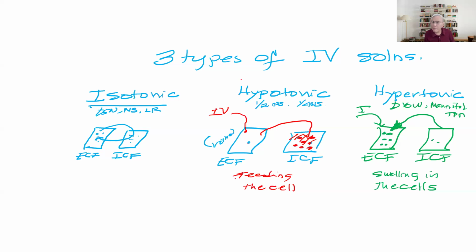Now, in patients with diabetic ketoacidosis, notice that we have cellular dehydration, and that is why we're going to give this solution after we had given isotonic solutions. And in addition to that, we also want to give dextrose.